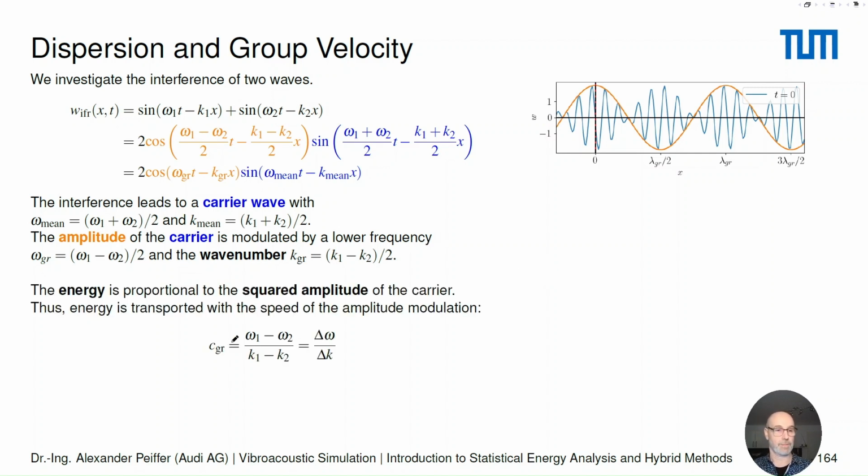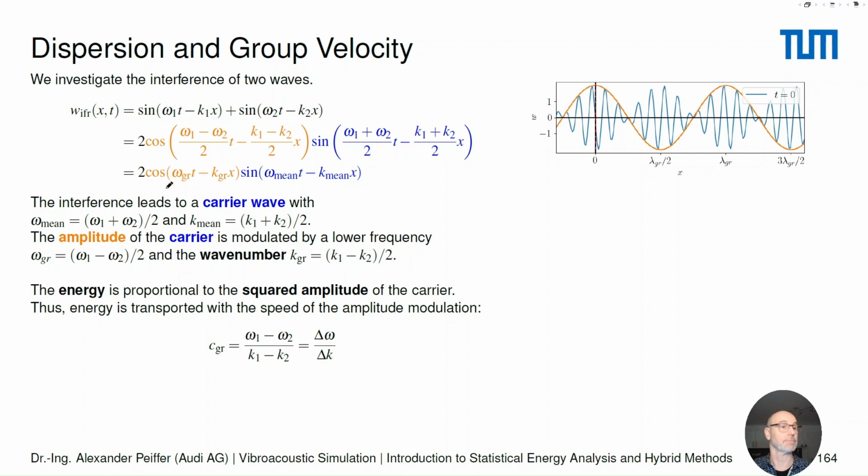So what is also obvious is that the energy is proportional to the squared amplitude. So the energy is hidden in the orange curve. This determines how the energy is given. But this also means that the propagation of energy is related to the wave speed of the group, or let's say the wave speed of the amplitude modulator.